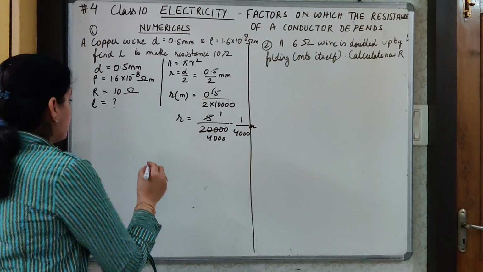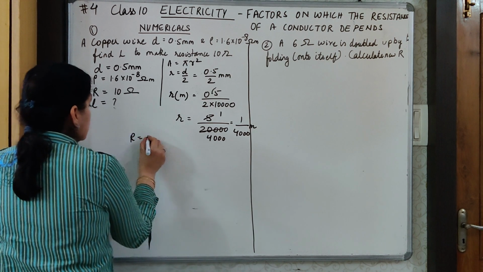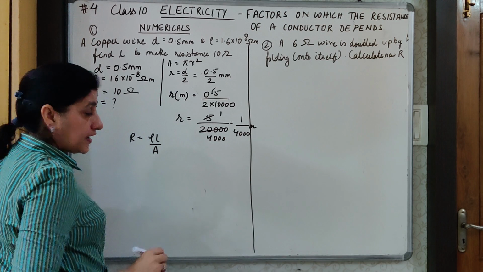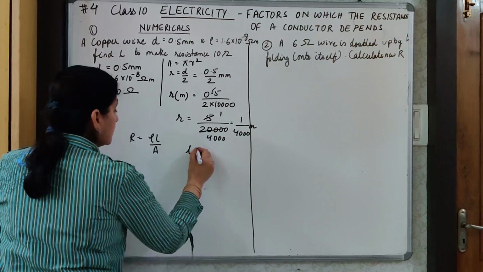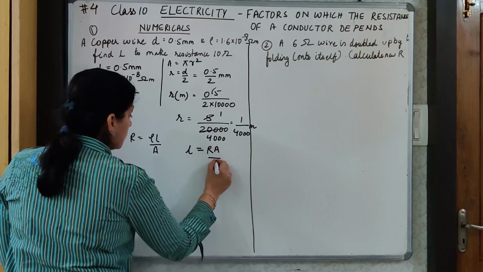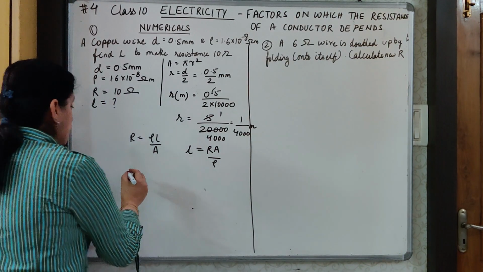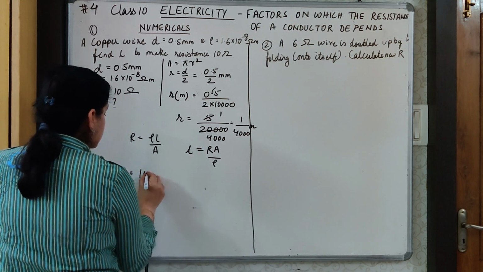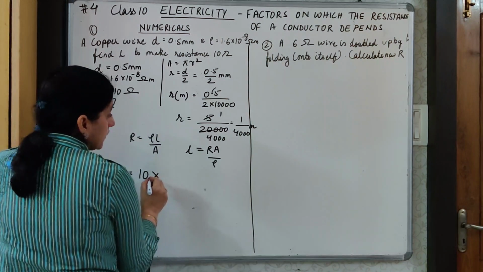Now we apply the formula R is equal to rho L upon A. I am supposed to find L. So I write the formula in terms of L. L is equal to R into A upon rho. Placing the values, L is equal to, what is R? R is 10. Into area.